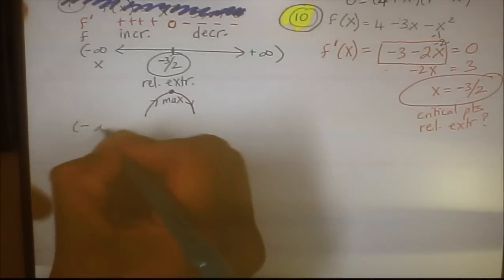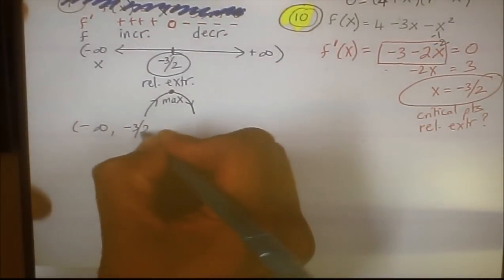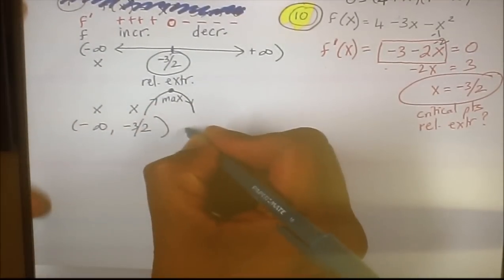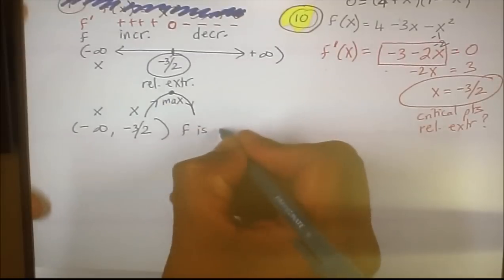So, from negative infinity up to negative 3 over 2, this is interval notation, from this x to this x, my function f is increasing.